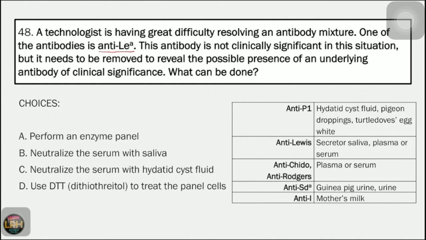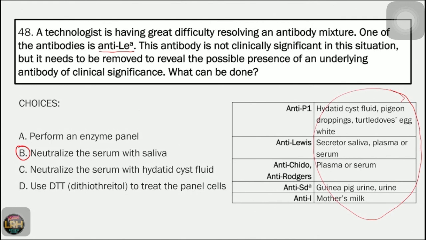So what we can do is to use the following reagents to neutralize the affecting substances. If you want to remove the action of the anti-Lea, what we can use as a neutralizer is the saliva. So number 48, letter B.